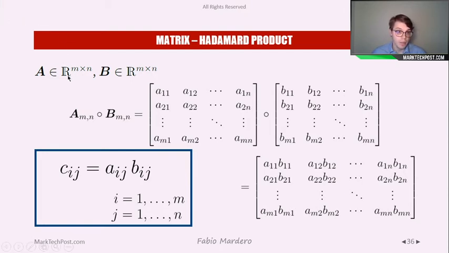Notice that here we are defining 2 generic matrices, A and B, with the same dimension, m rows and n columns. Then the Hadamard product is defined as the element-wise product between the components of the 2 matrices. Pretty simple.